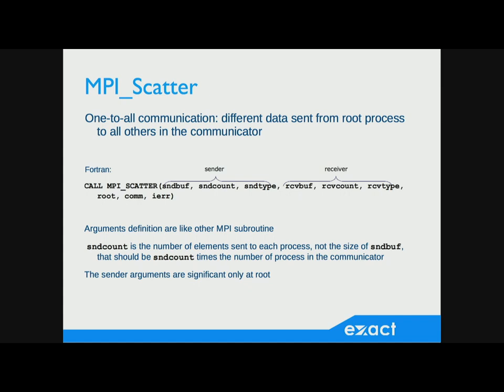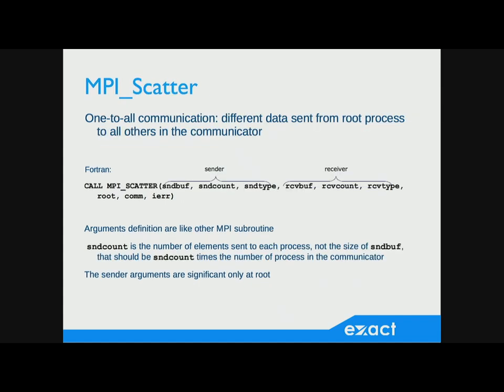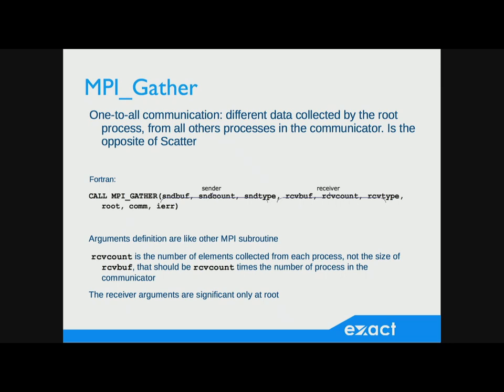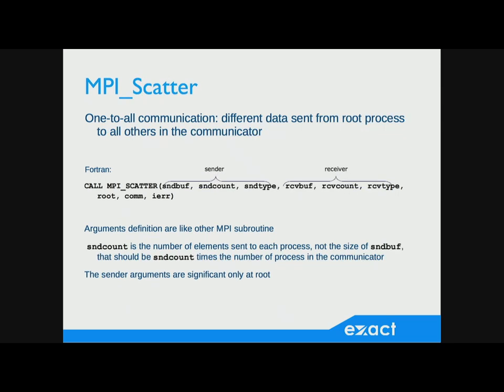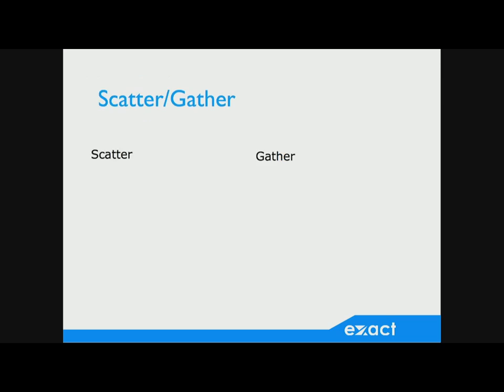And then the receiver gives the receiving buffer, receive count, and receiving type. I also have gather and scatter: scatter is sending out, and gather is collecting. And again, this is the way it works.